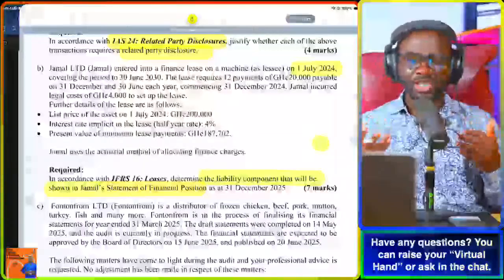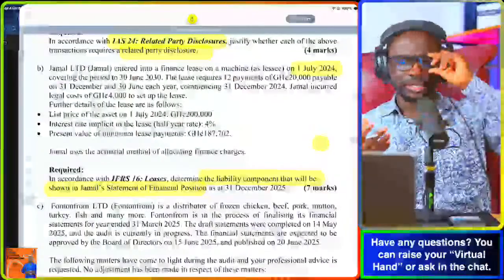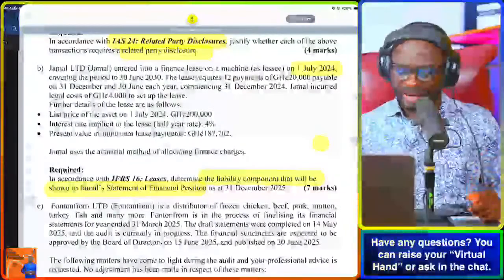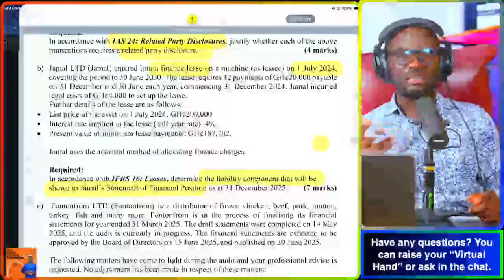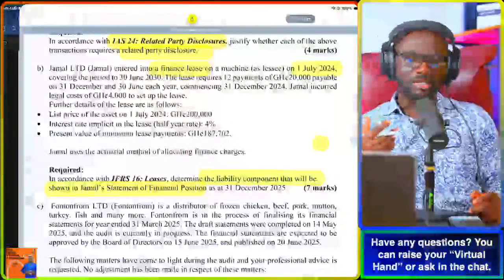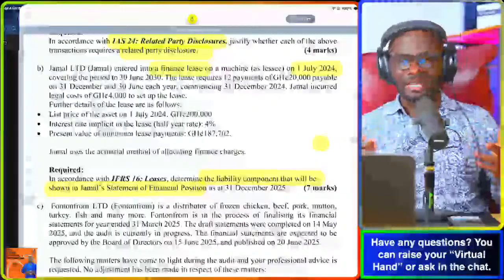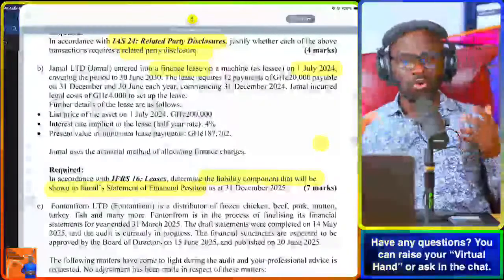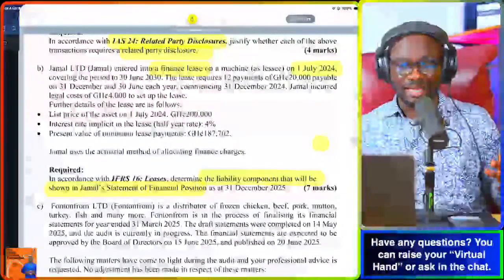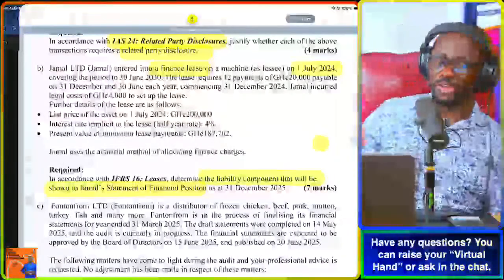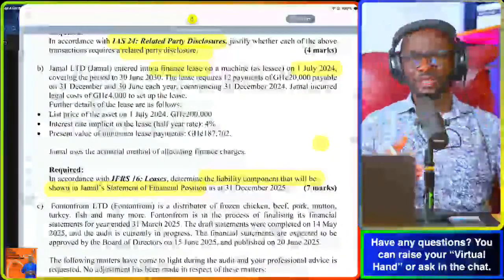Now, it's quite interesting in the context of this question why the examiner is using the word finance lease here, because under IFRS 16, it is the lessor who is supposed to classify the lease as to whether it is a finance lease or an operating lease.